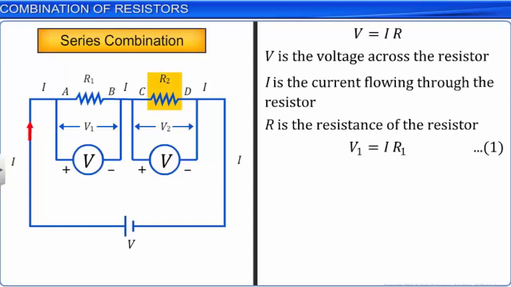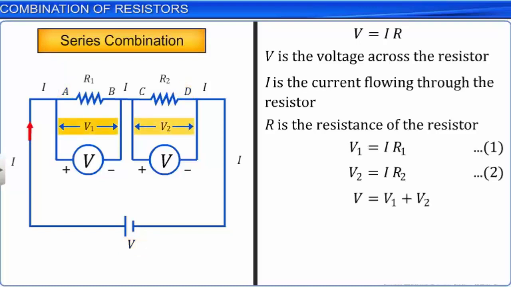Let this be equation 2. The potential difference V across A and D, that is, the series combination, can be written as V is equal to V1 plus V2. Let this be equation 3.